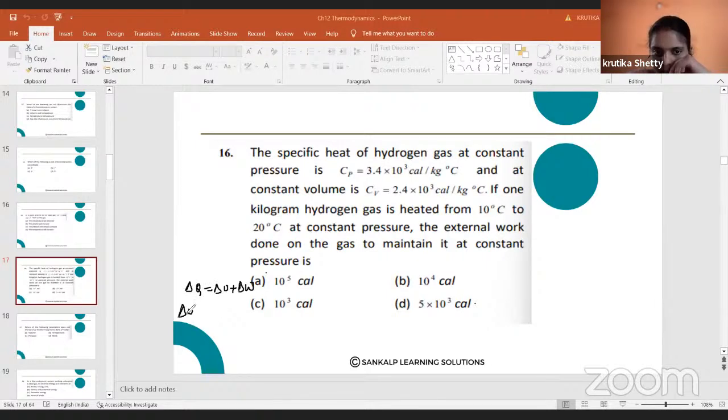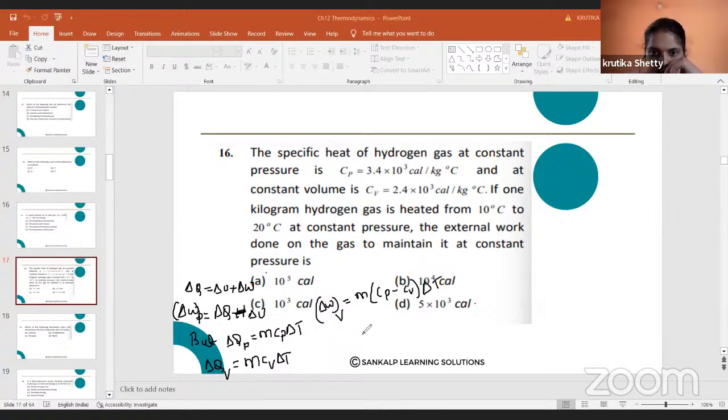So the work done is equal to delta Q minus delta U. According to the definition of specific heat, we can write Q is equal to mCp into delta T. Similarly, we can write delta Q at constant volume is equal to mCv into delta T. The equation becomes m is common, and Cp minus Cv into delta T.